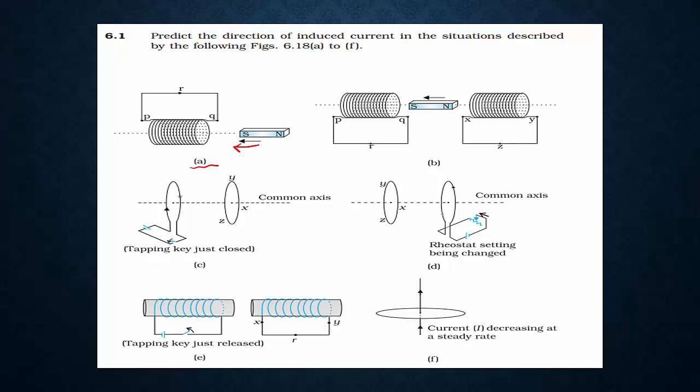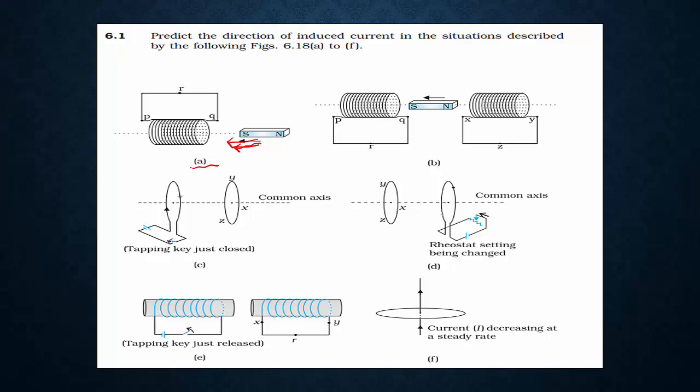See here, when the north pole of the magnet is moving towards the coil, then the current is moving in anti-clockwise direction. When the north pole of the magnet is moving away from the coil, then the current is produced in clockwise direction. But here they had given the south pole of the magnet is moving towards the coil.